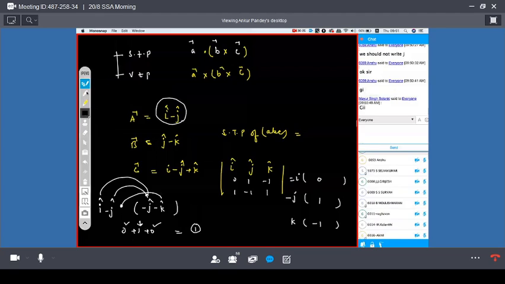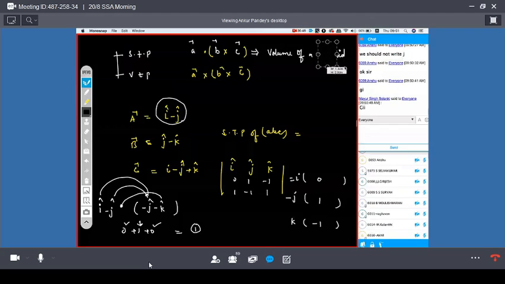Very good. Now understand, this scalar triple product, beta, gives you the volume of a parallelepiped. Okay, what is the parallelepiped?